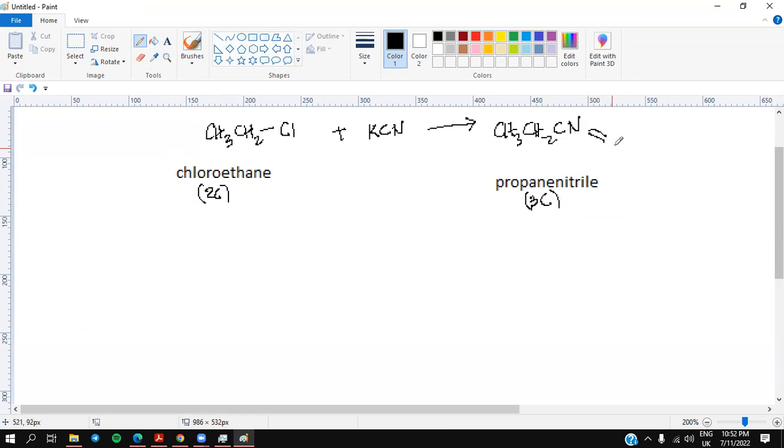Here in this cyanide part, there's a triple bond. CH3, CH2, carbon triple bond nitrogen, a nitrile.